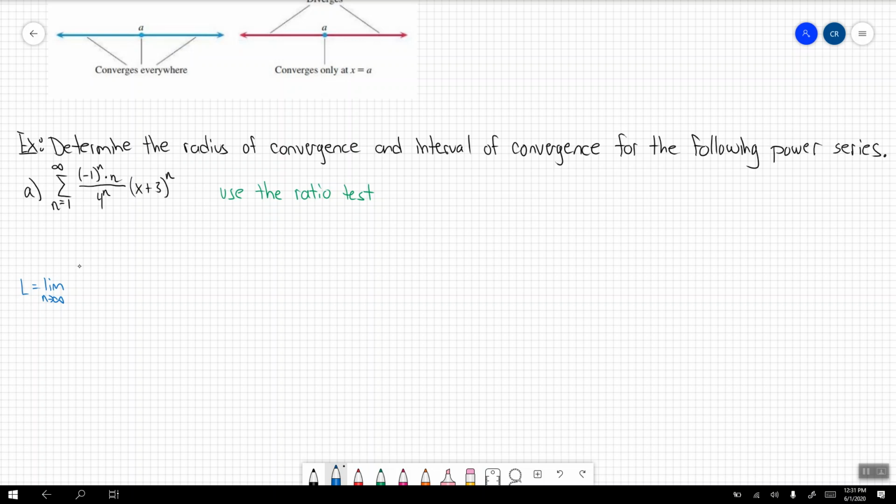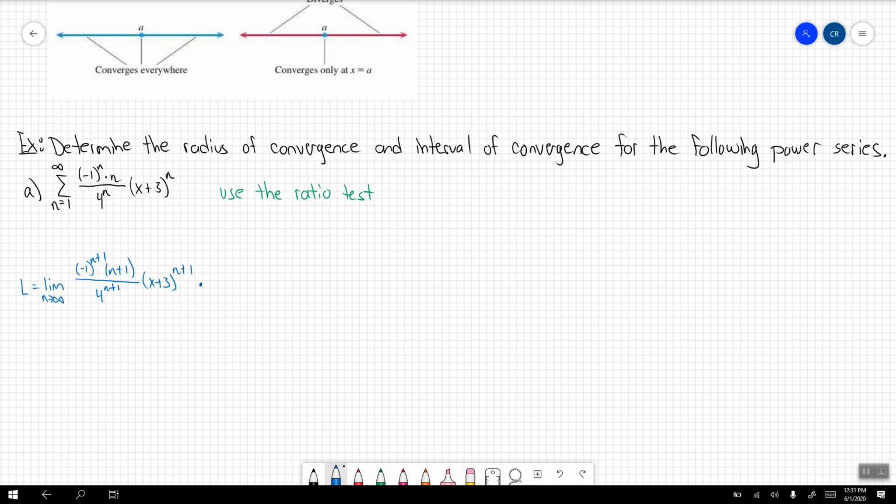So this is going to be negative 1 to the power of n plus 1 multiplied by n plus 1, divided by 4 to the power of n plus 1 multiplied by x plus 3 raised to the power of n plus 1.